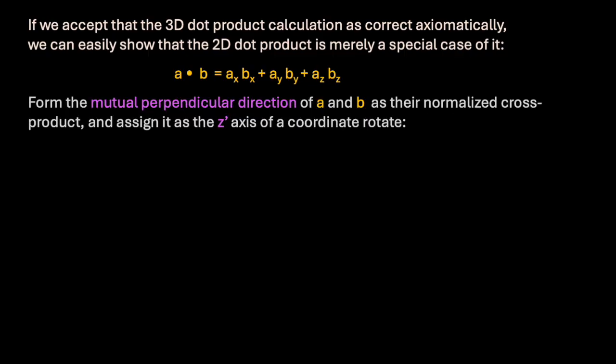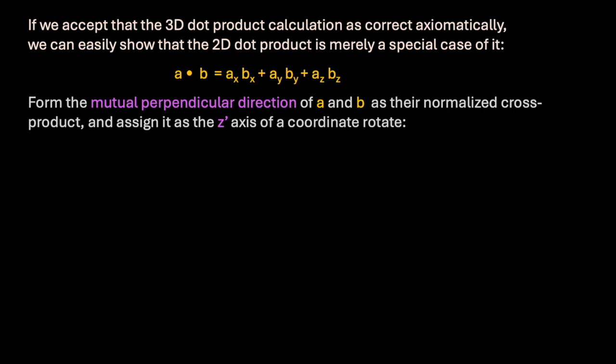Okay, so now if we accept that the 3D dot product calculation is correct axiomatically, we can easily show that the 2D dot product is merely a special case of it. So we'll start with the 3D dot product as axiomatic.